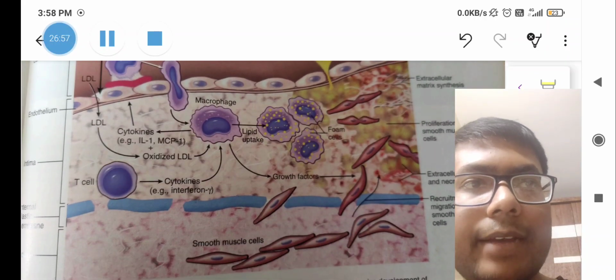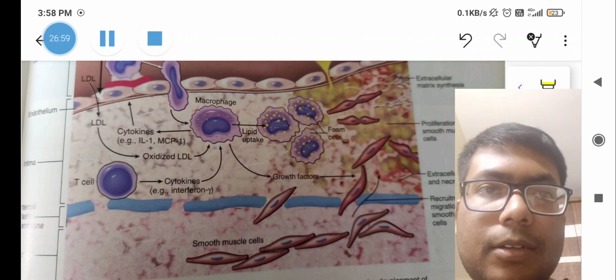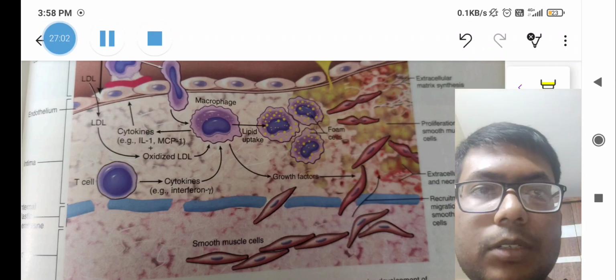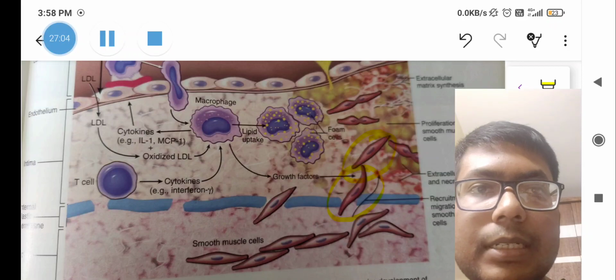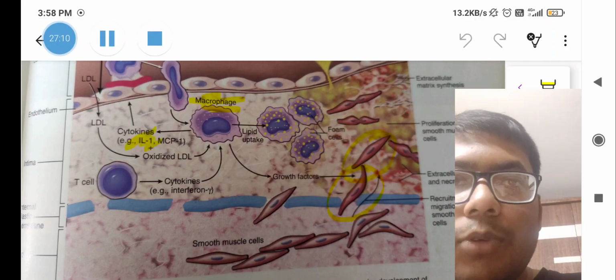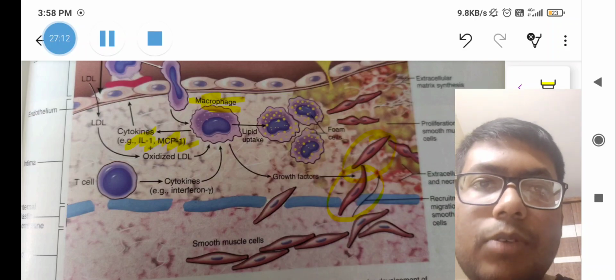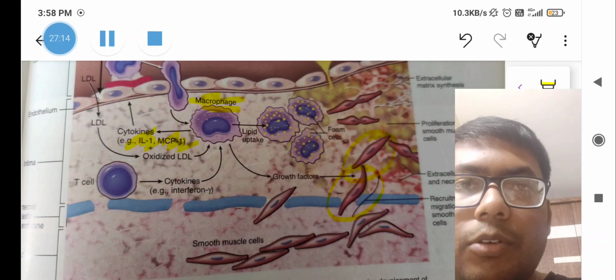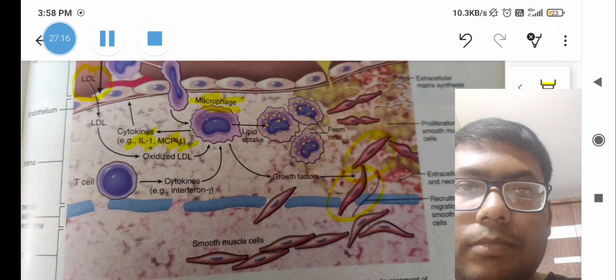Then these are the factors which are released, causing proliferation of the smooth muscle cells. These factors are released from the macrophages, and these are interleukin 1, MCP1, and also the LDL acts for that.